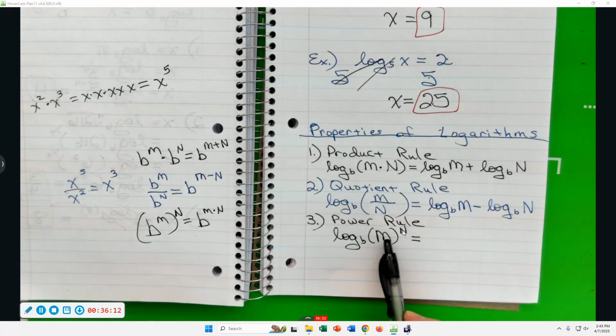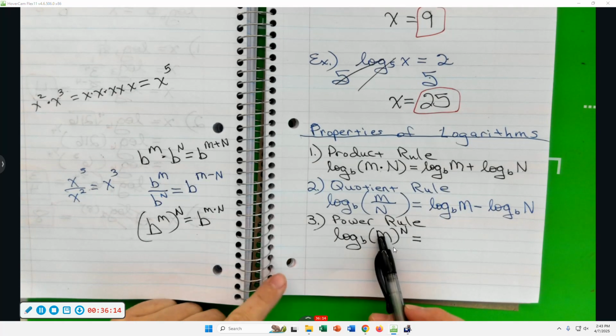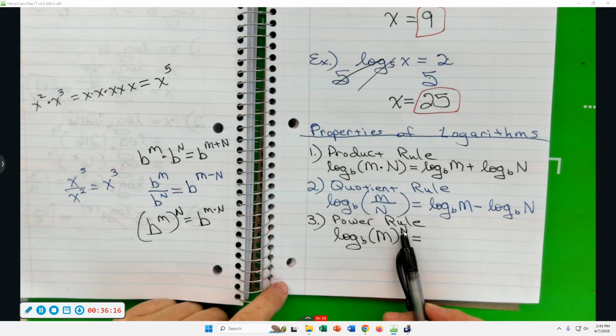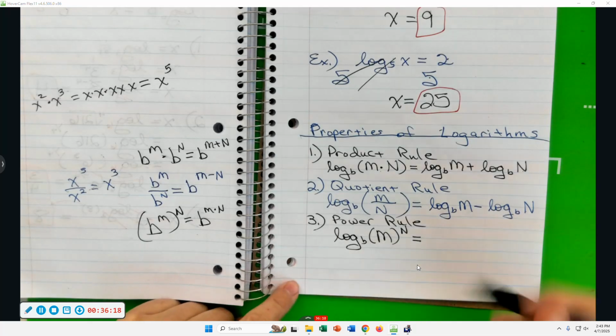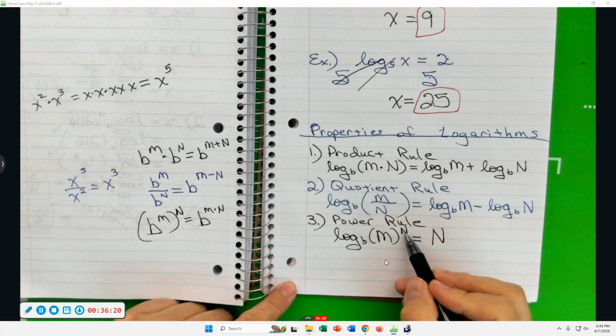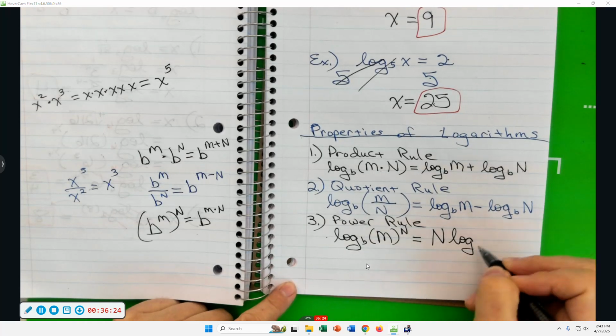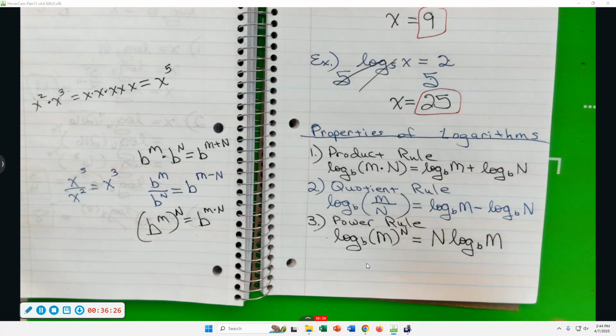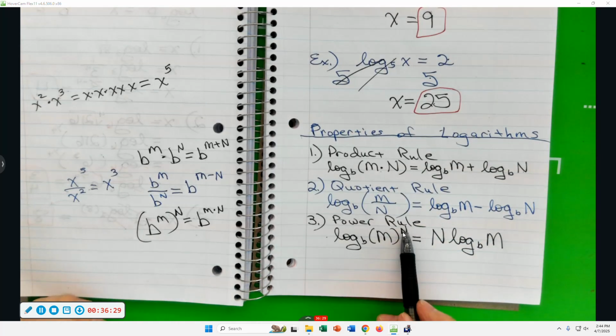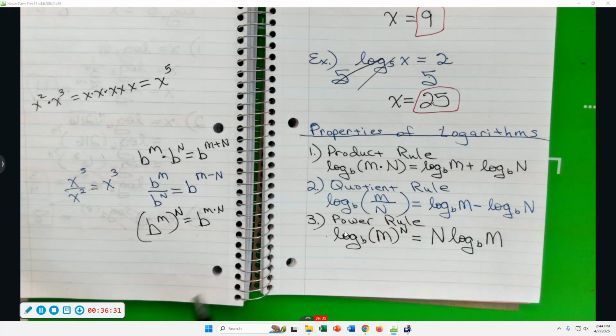So we have a power, that log base b of m is a power raised to a power, so you multiply. You take that front power, move it down, and write it as a factor. A power raised to a power, you multiply. This power rule allows us to pick up the exponents on the argument and move them down and write it as a coefficient.